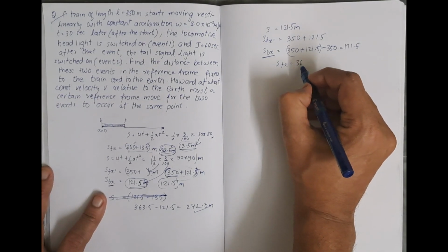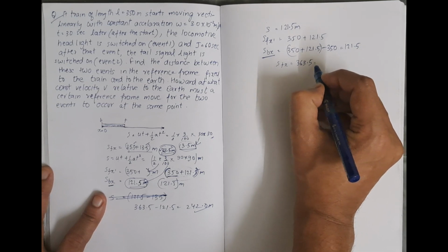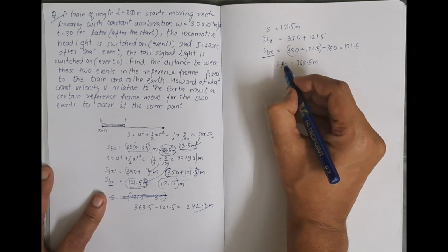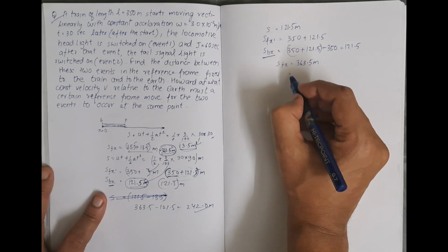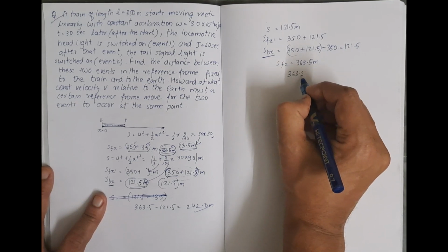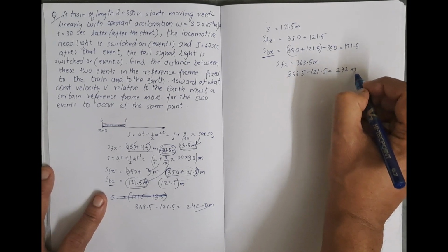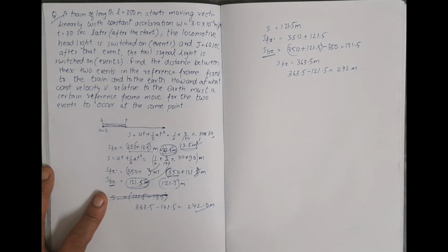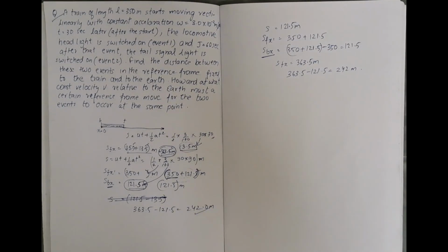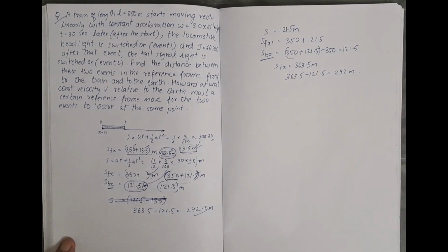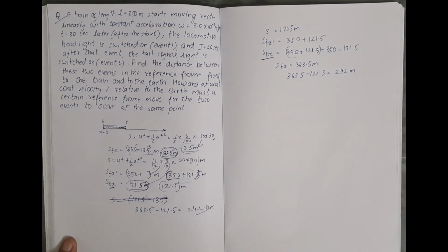This is equal to 363.5. So the difference between these two will be 363.5 minus 121.5, equal to 242 meters. Okay, I think it's pretty simple the way it has been explained till now.